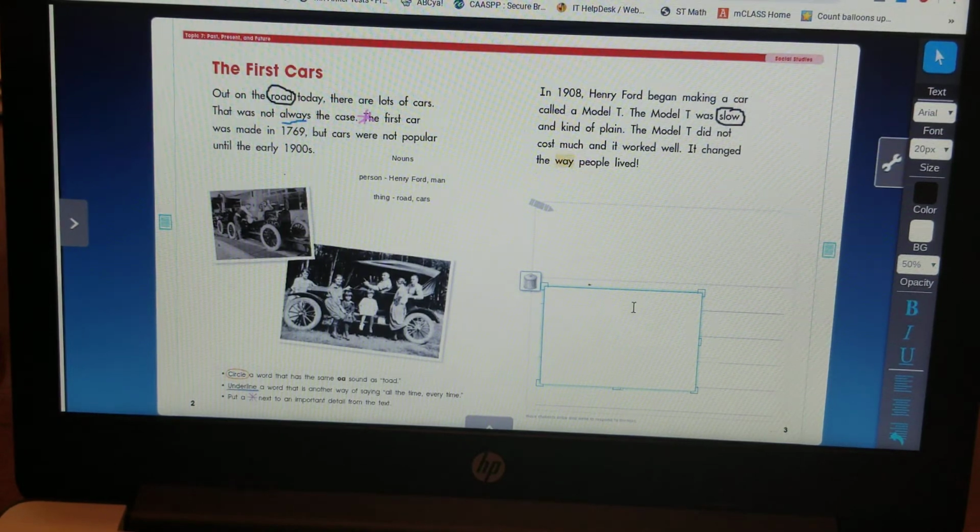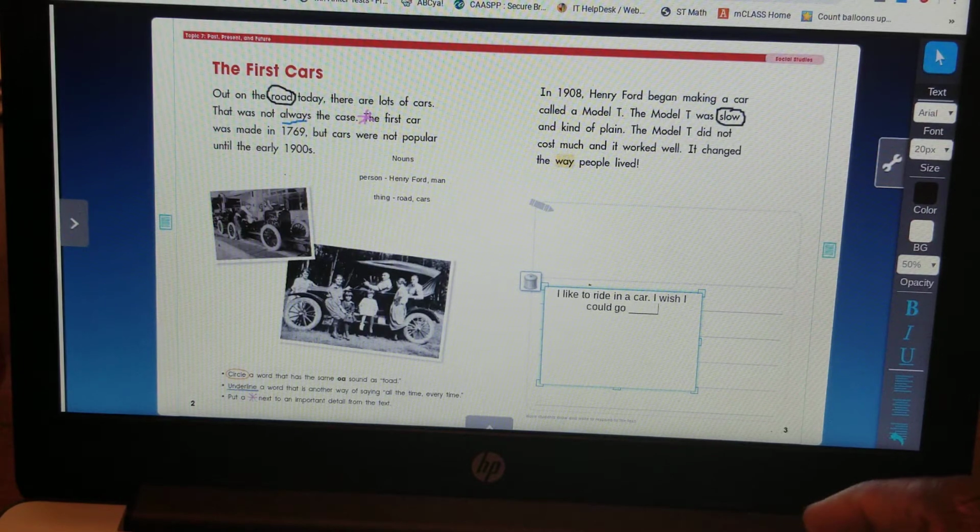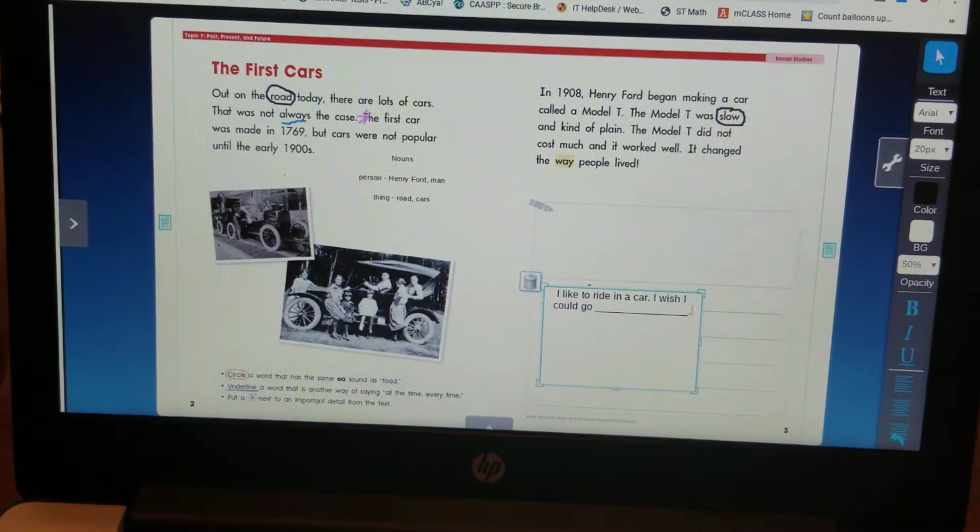And you're going to write on the line this. I like to ride in a car. Period. That's the first sentence. I like to ride in a car. I wish I could go, and then I'm leaving the space because you're going to put something in the space.